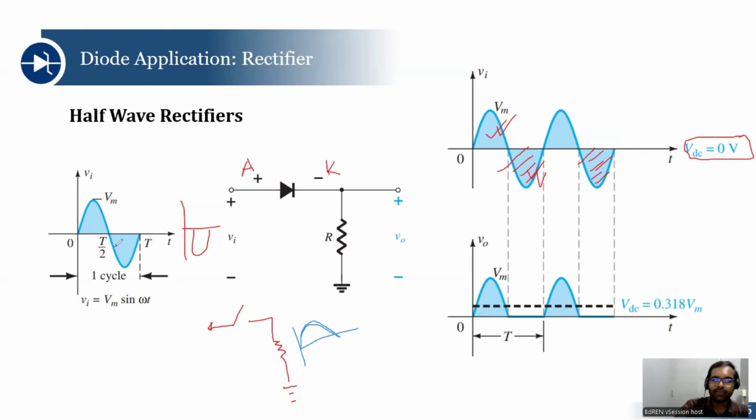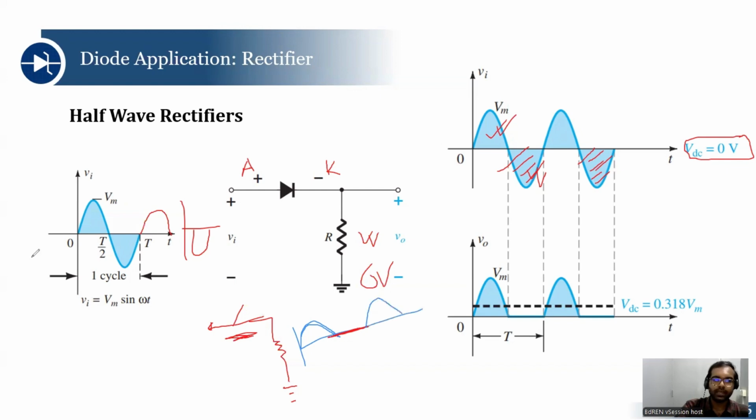So for the time period T by 2 to T, there will be a break in the circuit. The circuit will be open. So here we'll get 0 voltage. So we'll not get any output here. Okay. Again, when this cycle is finished, another positive part will come up, and the diode again will be short-circuited, and we will get here another positive voltage.